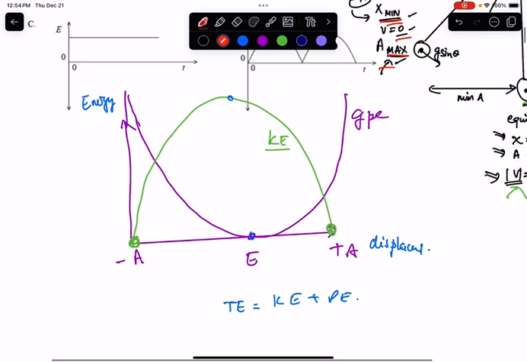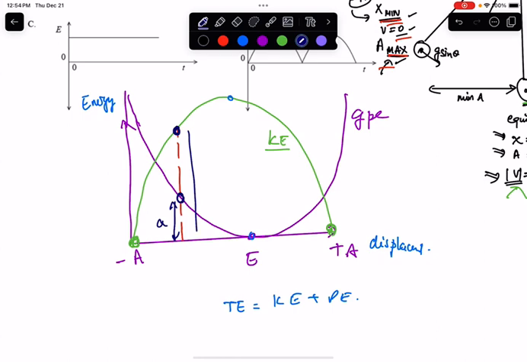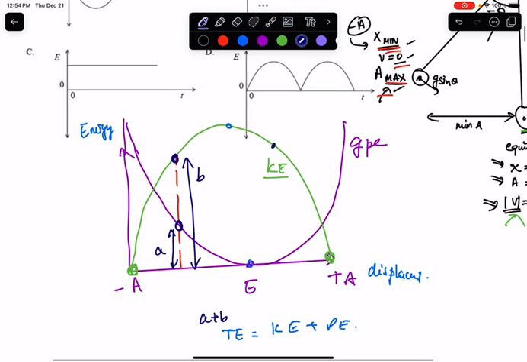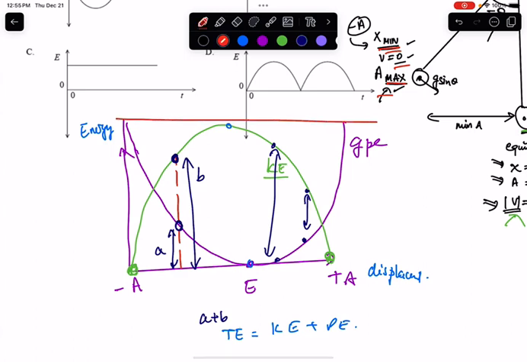And so if you want to find the total energy at, let's say, this value of the displacement, then all you do is take the potential energy at that point and the kinetic energy at that point. So let's say that if this is A, and this is B, then the total energy is just A plus B. And if you do this for many points like this, what you will see is that if you add it all up, ultimately you're going to get this red line.